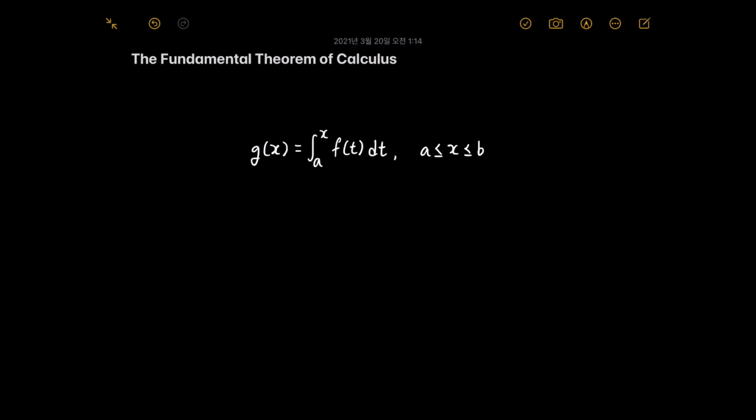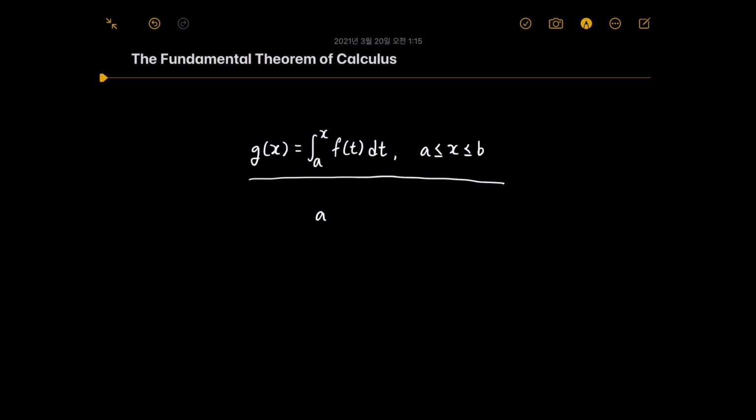From the formal definition of the first fundamental theorem of calculus, we got this function. But what we have to notice is that the boundary is not from a to b, but from a to x. Why does this happen?